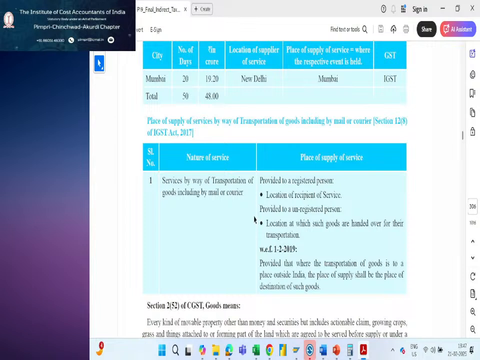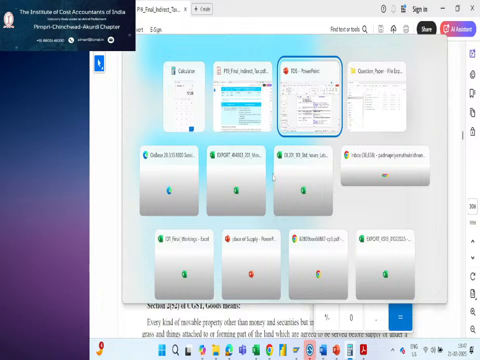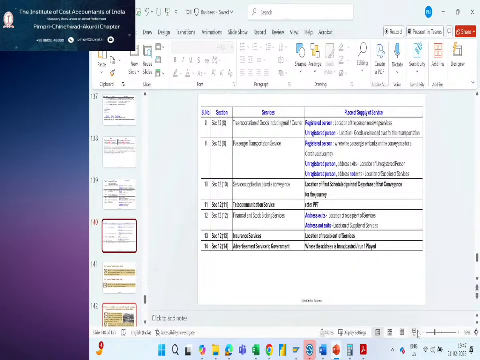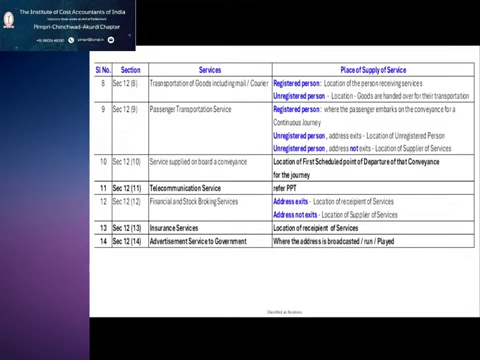So now we are into subsection 8 of section 12. What is subsection 8? It is transportation of goods including mail or courier. In case of a registered person, the place of supply is the location of the person receiving services.